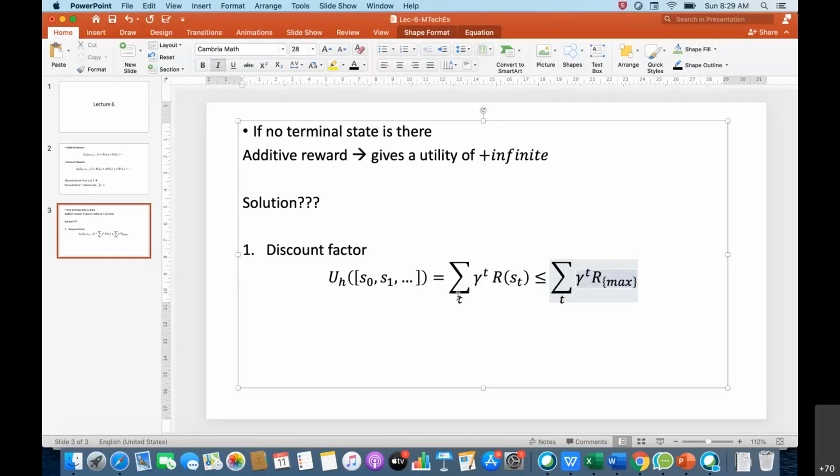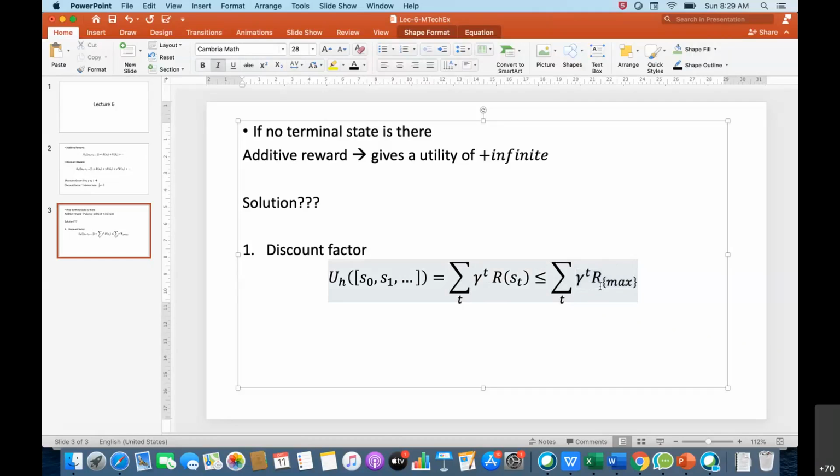So if you sum it up, this term should be less than or equal to that term.